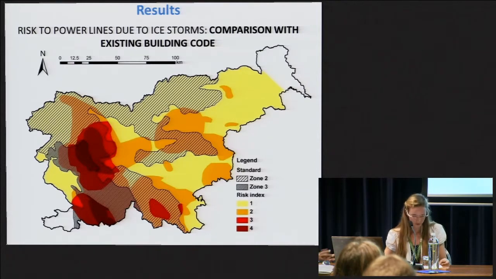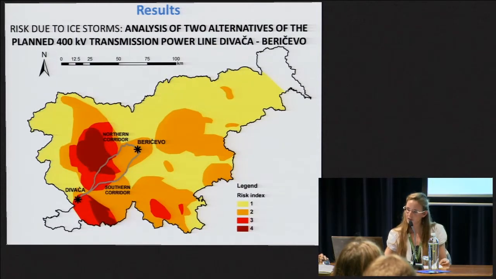In the next step, we compared 2 alternatives of the planned high voltage power line from Divača to Beričevo, and we found out that the southern corridor of the southern alternative is a much better option because damages here would be significantly lower than in the northern corridor.